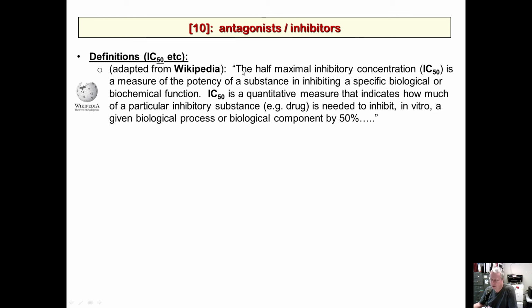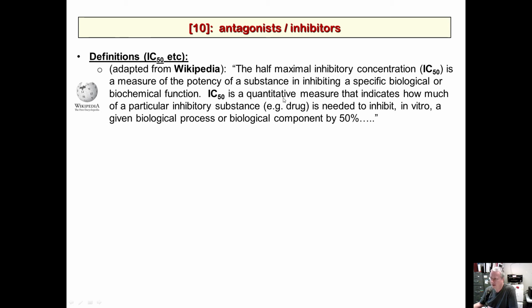That's actually pretty good. The half maximal inhibitory concentration, IC50, is a measure of the potency of a substance in inhibiting a specific biological or biochemical function.